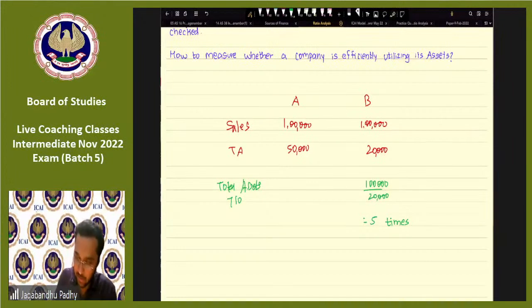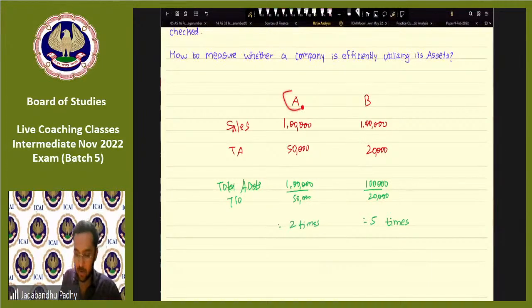Or I can say my sales is 5 times of the total assets. And for company A, 1 lakh divided by 50,000 is 2 times.